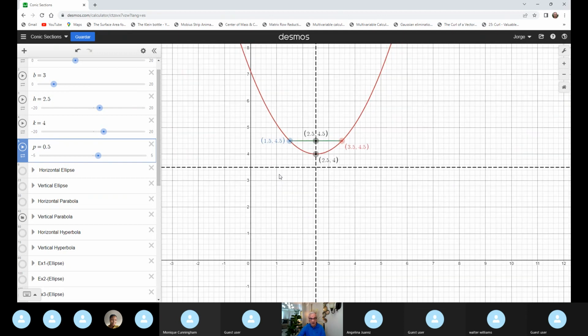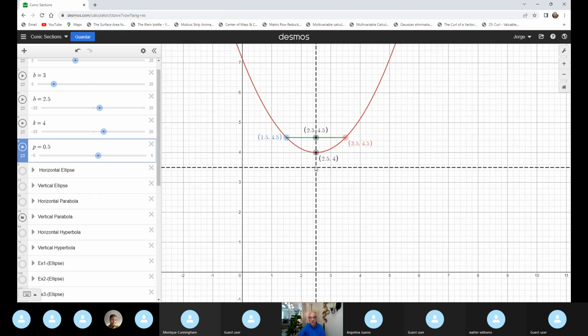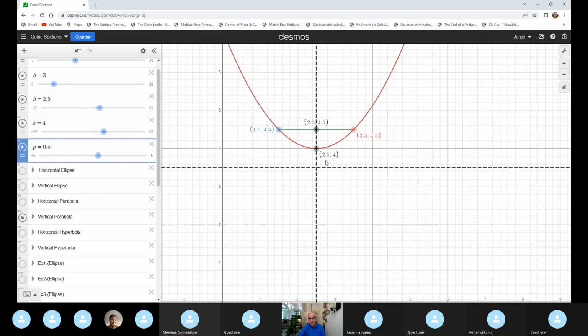And the vertical line that is symmetry is obvious that is x equal 2.5. That is the first component for the vertex. Everything is clear, guys? Sure? Do you understand? Come on. Yes, Professor. Okay.